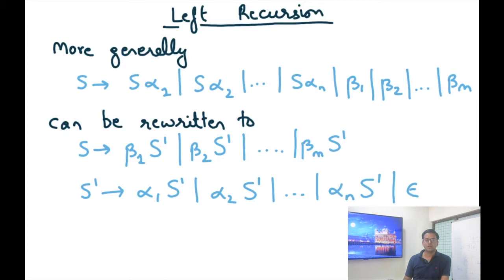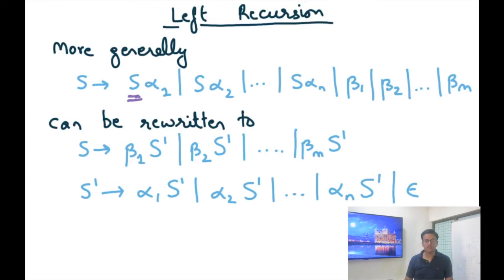The common thing among all these productions is that the first component of the RHS is the same non-terminal S, and so it's a left recursive grammar. And then maybe it has some other productions, beta 1, beta 2, beta m, which do not involve S as its first component. And such a grammar can always be rewritten to the following, and this is just a generalization of the example that we saw in the previous slide.